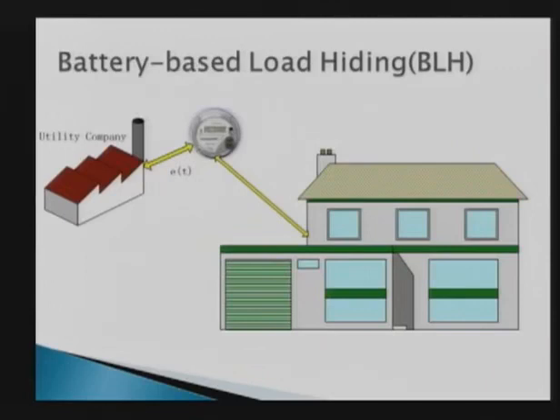To do that, we have a method called battery-based load hiding. This is the picture of the meter, the utility company, and also your house. The meter records your usage in the house and transmits it to the utility company.